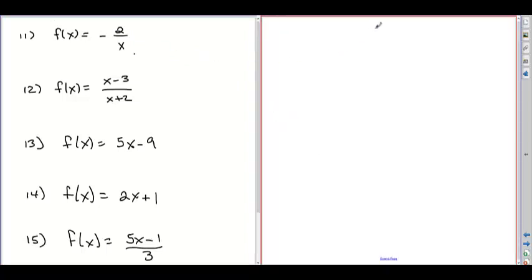And the final one. So we get y is equal to 5x minus 3. Replace, switch x and y.